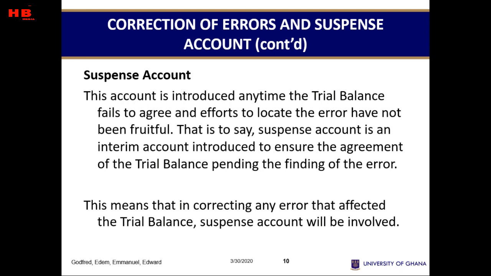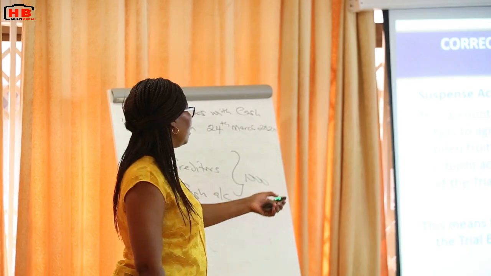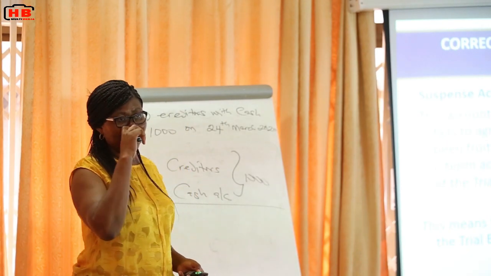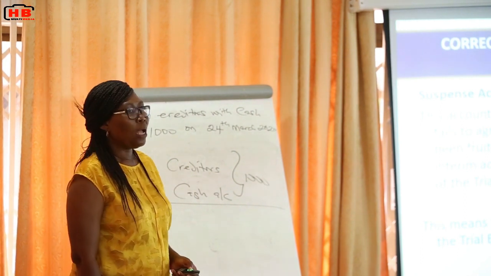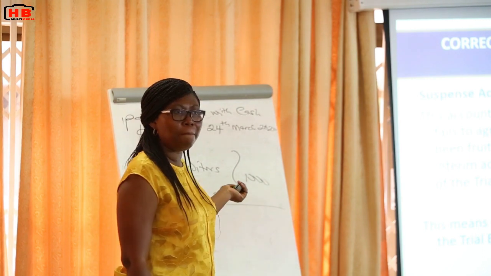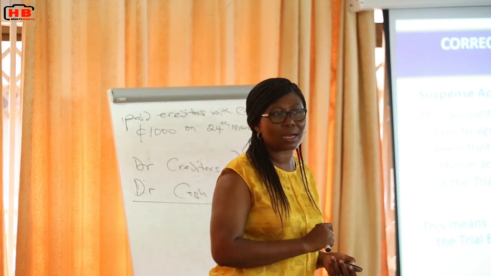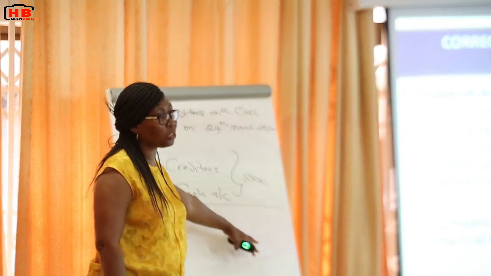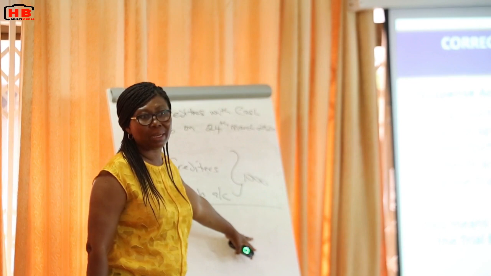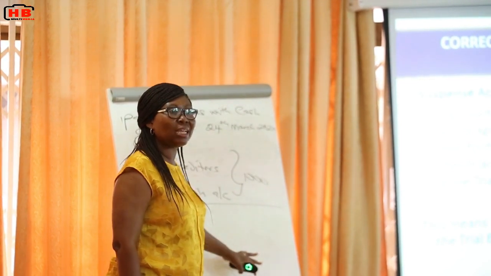The difference that causes the disagreement would have to be sent to the suspense account, so that as and when the error is located, we can correct it there. Why do you call it suspense account? We call it suspense account because it is not a permanent account. We are not supposed to maintain it. It is only for the purposes of balancing the trial balance, making sure that the trial balance agrees.